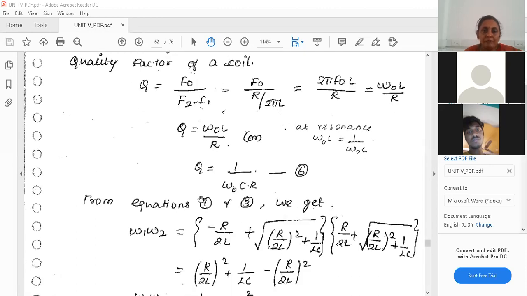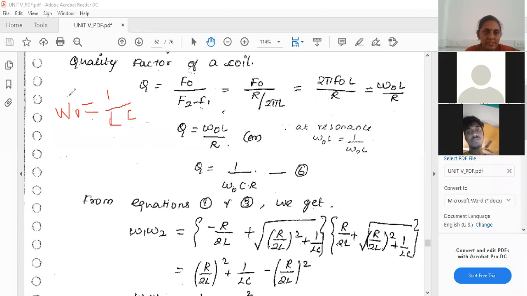Or it can be written like this: Q is equal to 1 by omega naught C into R, because omega naught L is equal to 1 by omega naught C at resonance. How do we get this? You understand this? We write omega naught is equal to 1 by root LC.